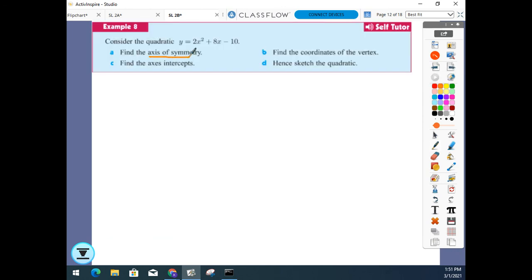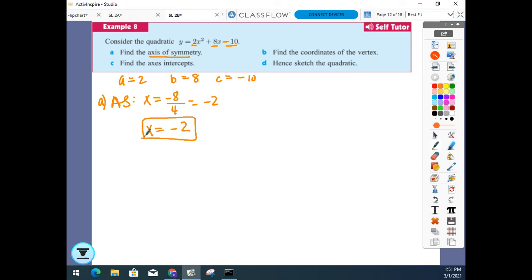So the axis of symmetry, A equals 2, B equals 8, C equals -10. So I find the axis of symmetry by the opposite of B over 2 times A. So I get -2. So if my axis of symmetry is -2, this tells me where my vertex is.